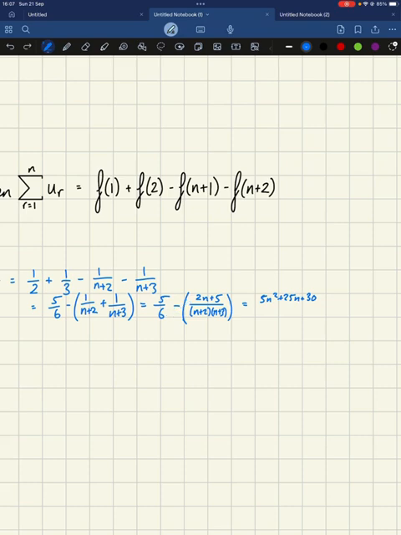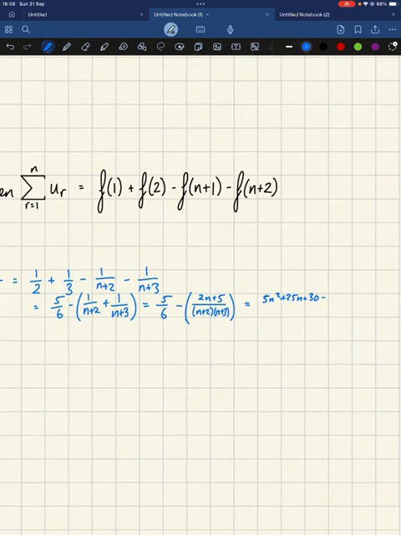Minus this, so 6 times (2n plus 5), so minus 12n minus 30, all over 6 lots of (n plus 2) times (n plus 3). 30 and 30 cancel out. 25 minus 12 is 13, so we get 5n squared plus 13n, all over 6 lots of (n plus 2) times (n plus 3).